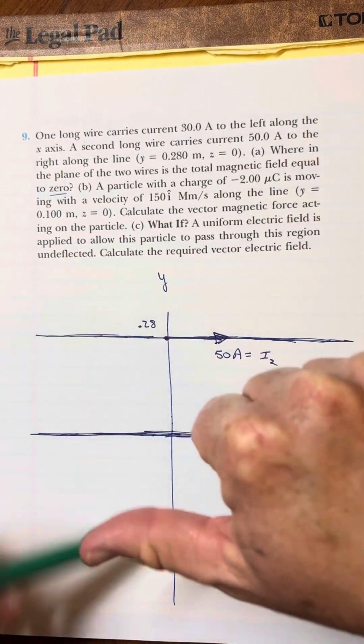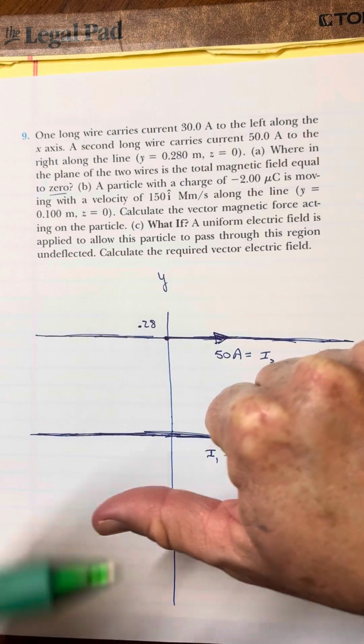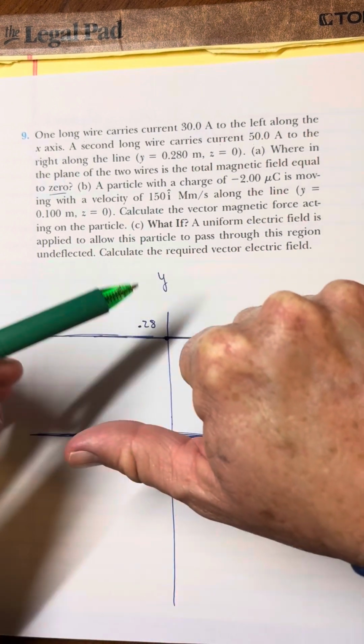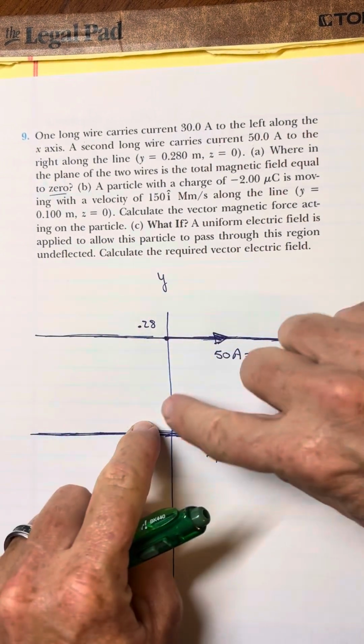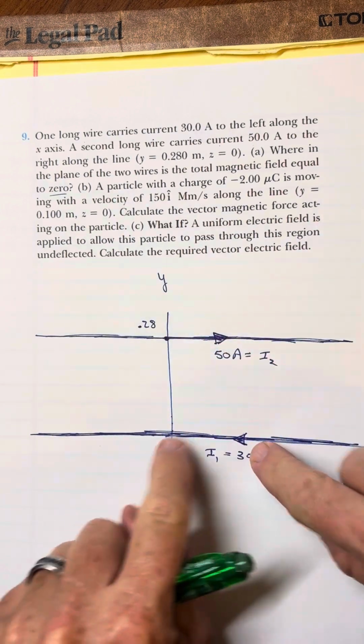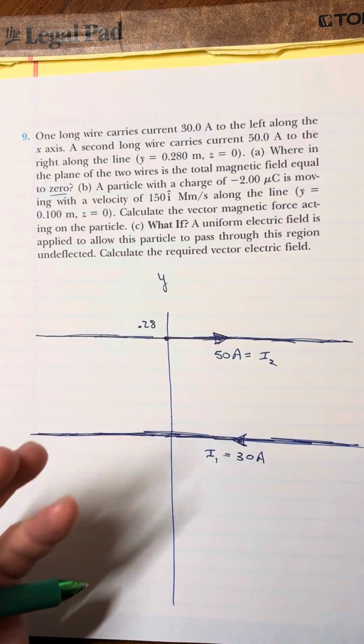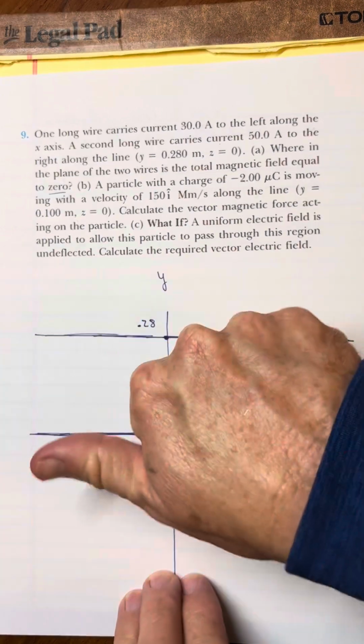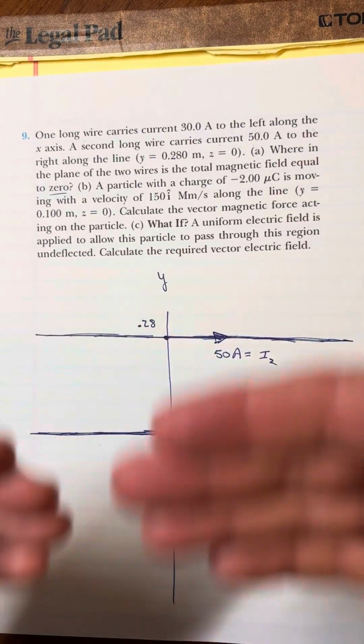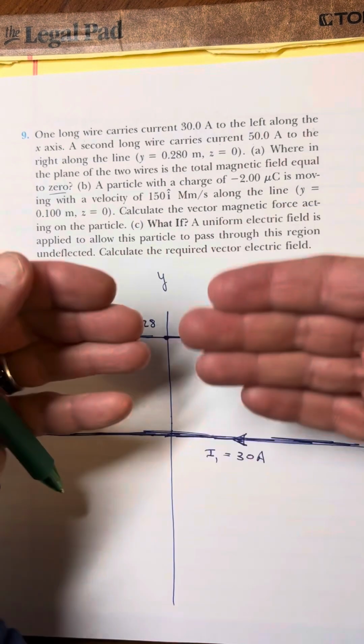You can see your fingers arcing around. That means in all the spots above wire number 1, the field is going in, and all the spots below wire number 1, the field is coming out, so it circles around it.